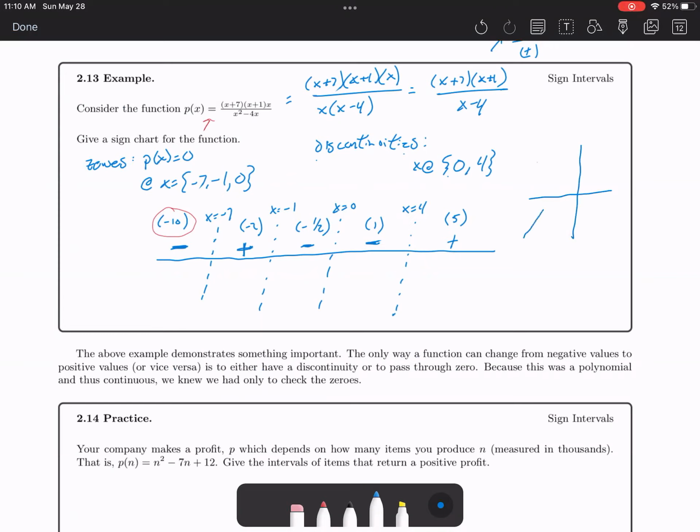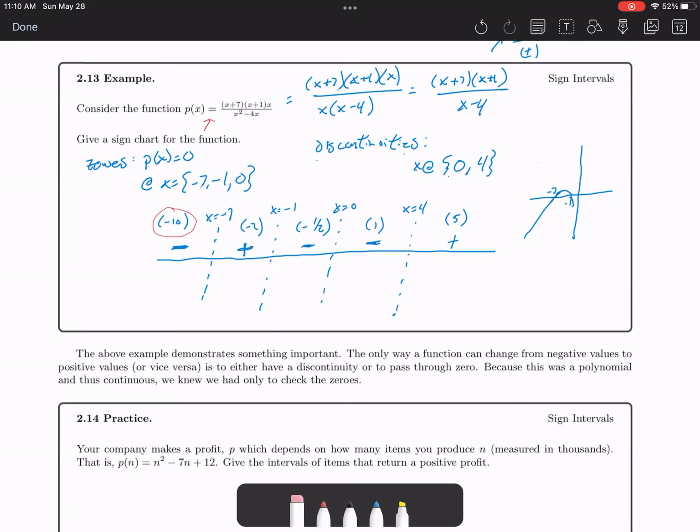I'm negative until I hit minus 7. I'm then positive between minus 7 and minus 1. I'm then negative on the right side of minus 1, though. Right? I'm negative between minus 1 and 0. In fact, I'm even negative on the other side of 0.